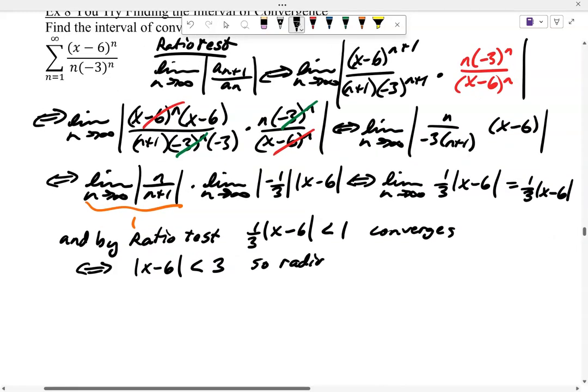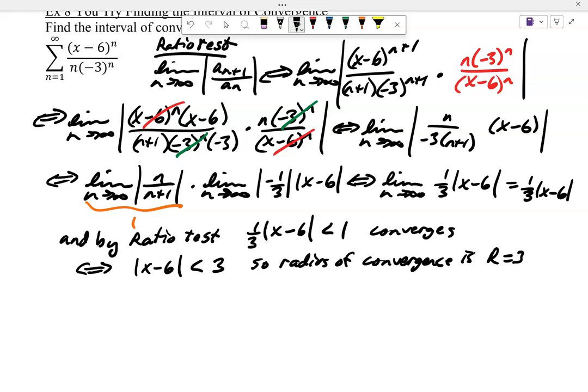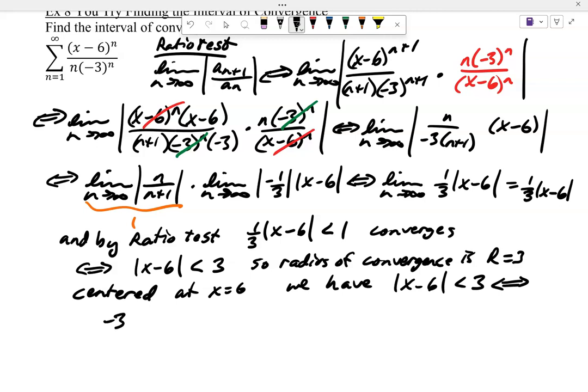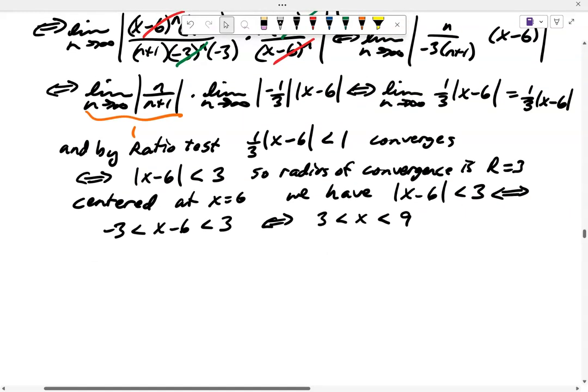So our radius of convergence is 3, and it's centered at 6, x minus c, so 6. And so we have at 6. So there's our open interval of convergence.